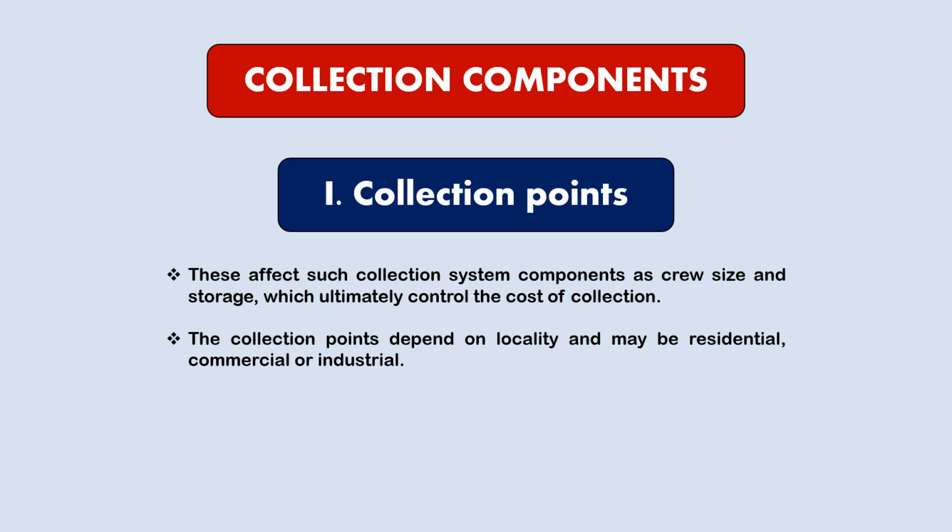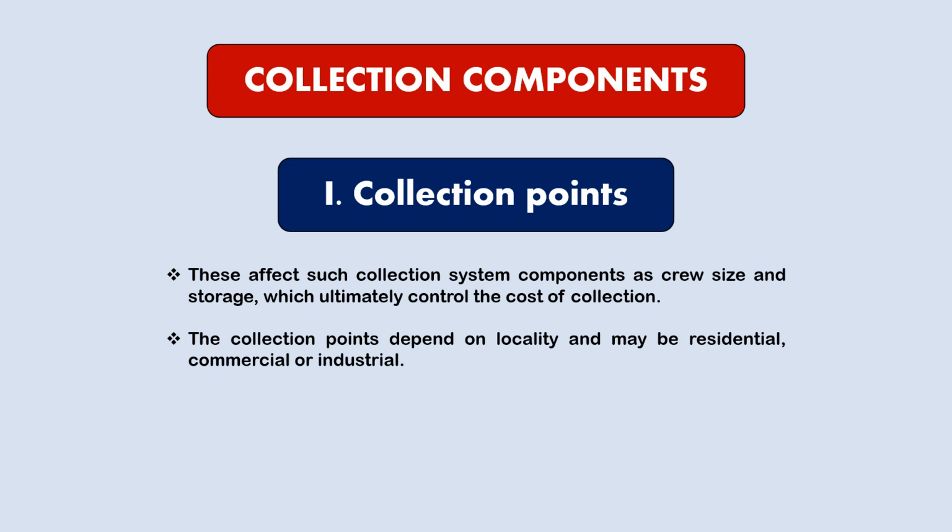So first of all is collection points. These are those points which affect the collection system components such as crew size, storage, or the cost of collection. The areas from which we collect the waste materials depend on locality, which may be residential or commercial or industrial.